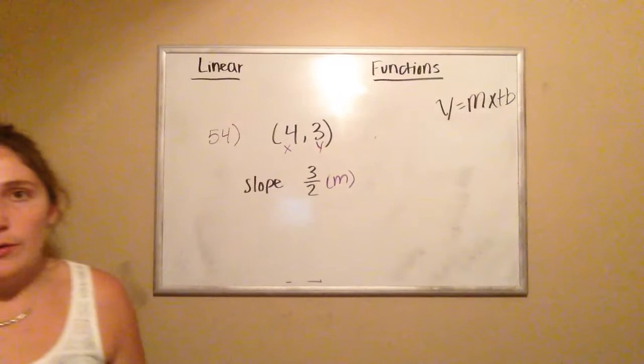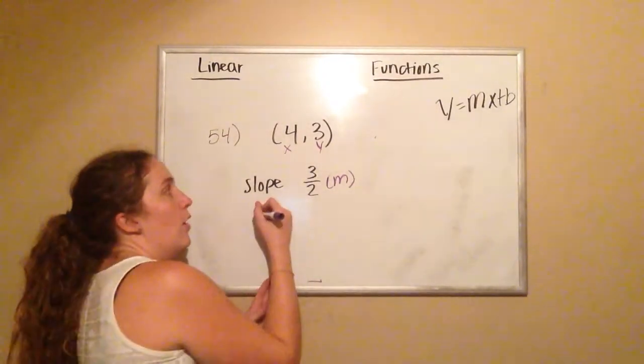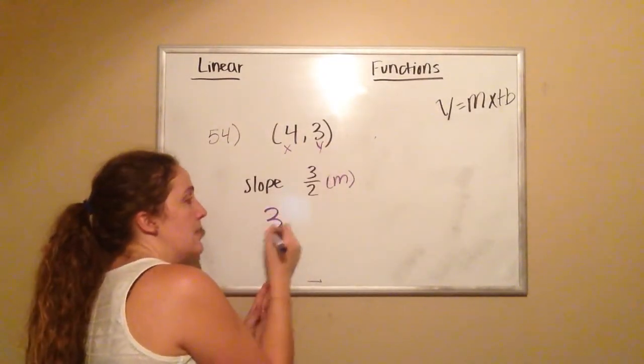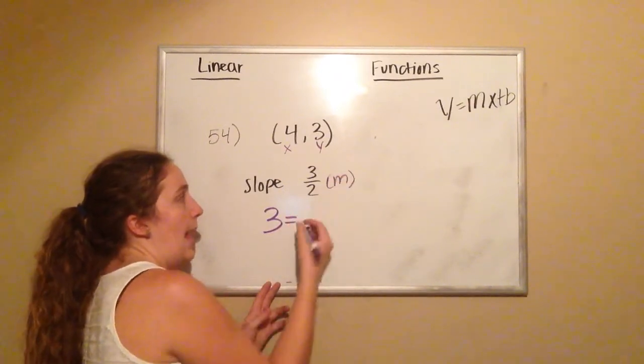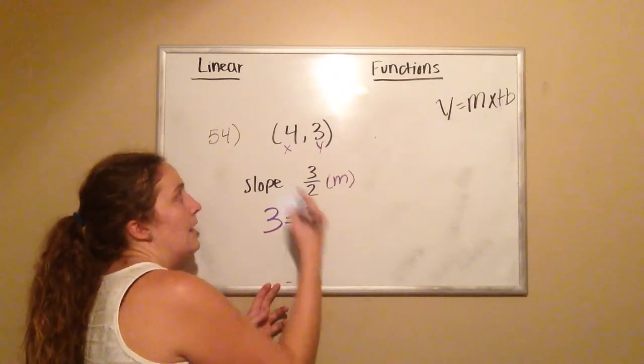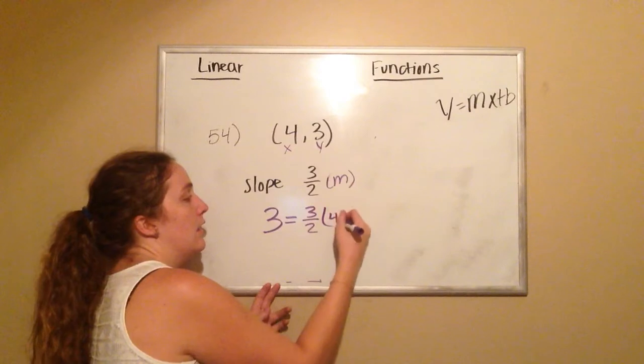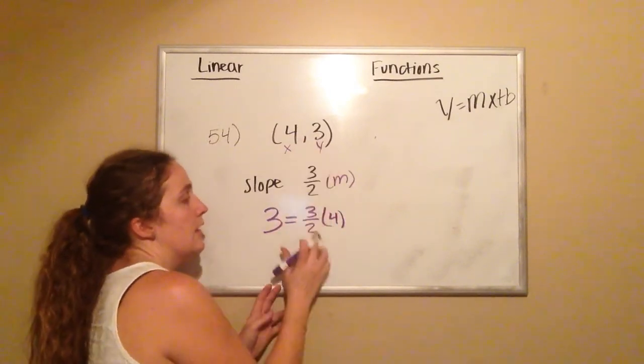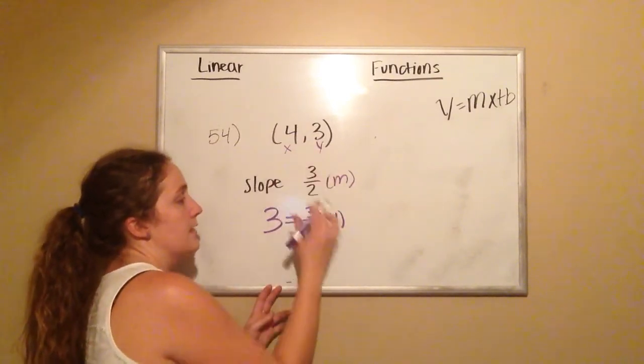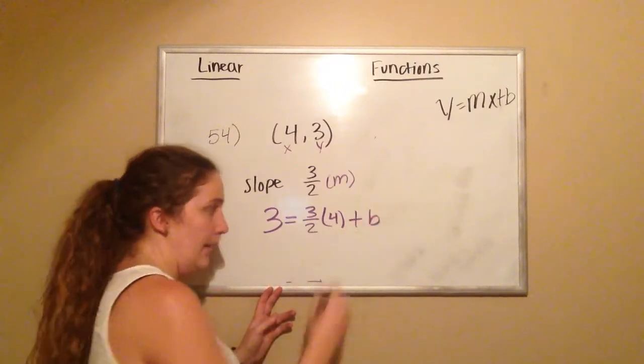If we plug into our equation what we know, y is 3, so 3 is equal to m times x. Right, so y was 3, m was 3 halves, x is 4, plus we don't have a b yet.